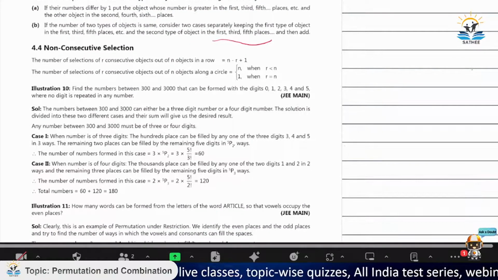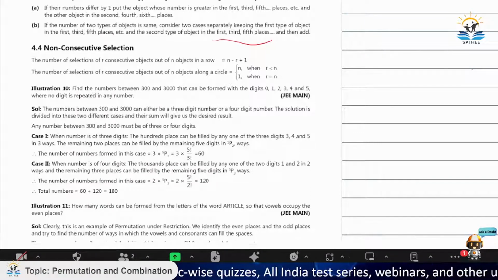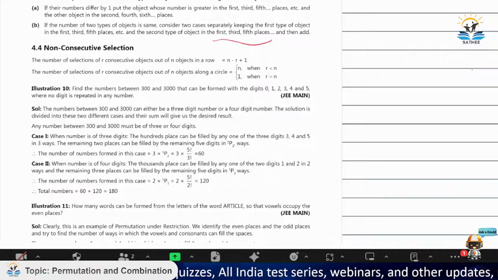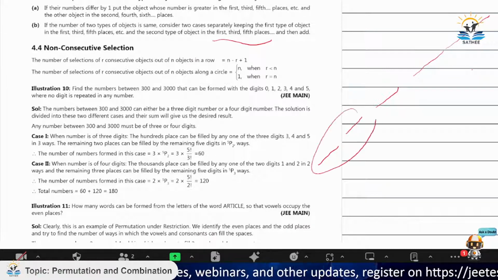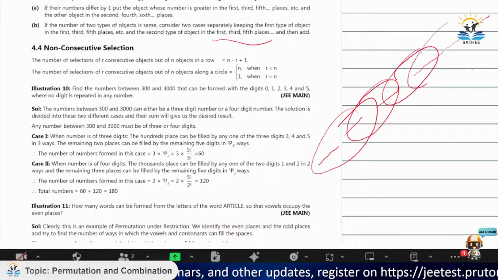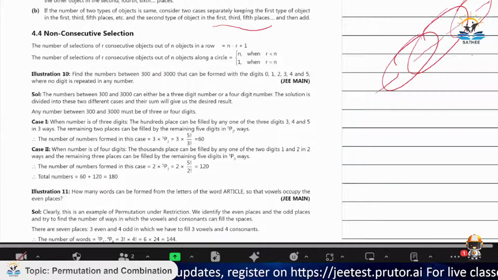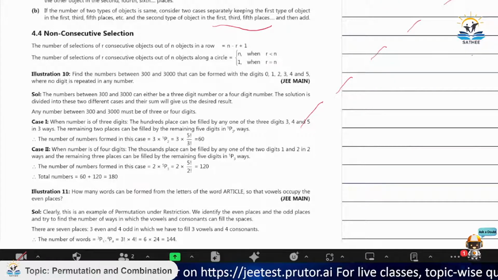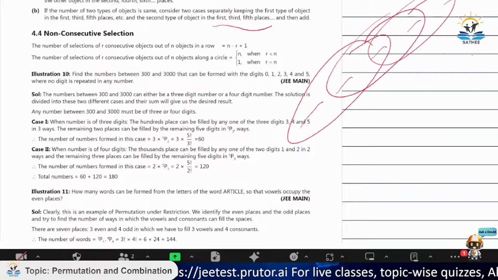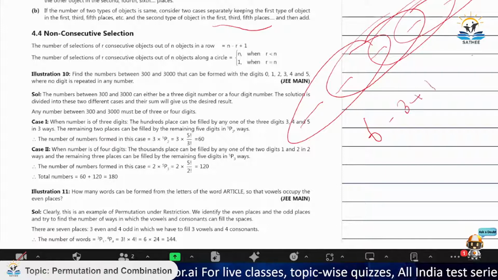So, non-consecutive selection. The number of selections of r consecutive objects out of n objects in a row. If we have to take r consecutive things, like if we have 6 things and we have to take two consecutive, then 1 2 3 4 5. If we have to take three, let's raise it up a bit, 1 2 3 4 5 6, and three consecutive gives 1 2 3 4, meaning 6 minus 3 plus 1, that is 4.